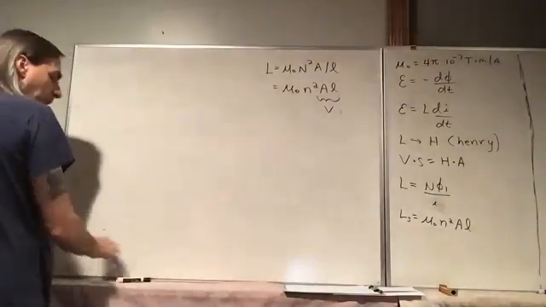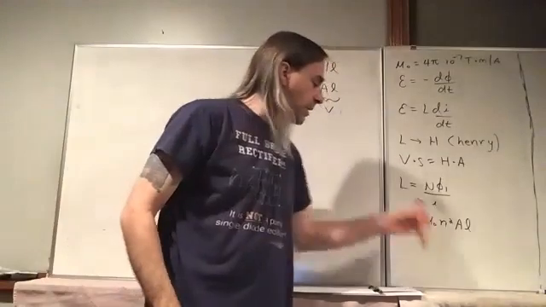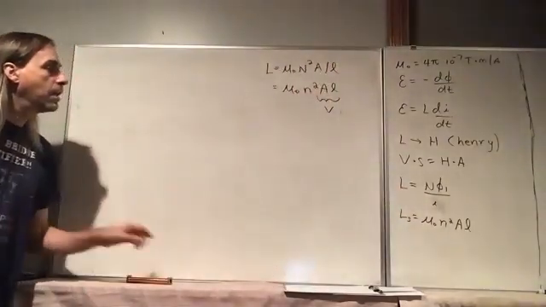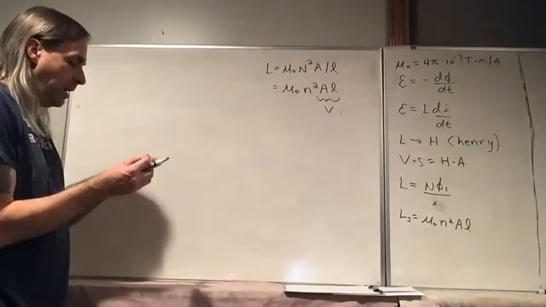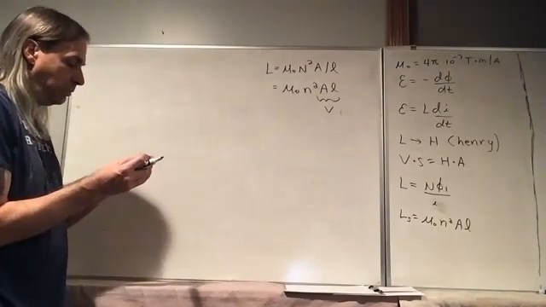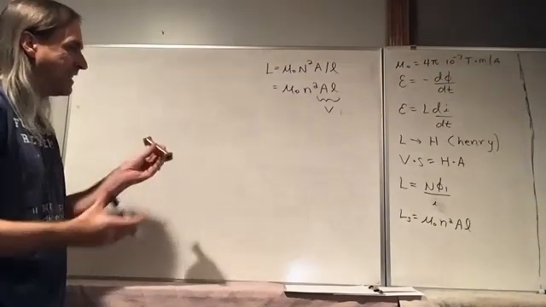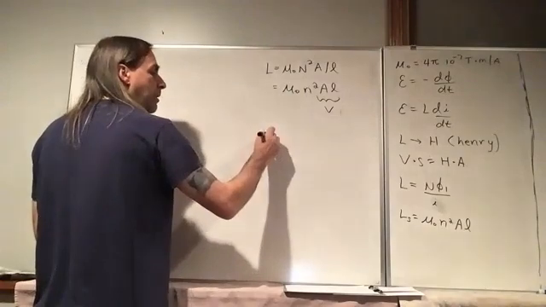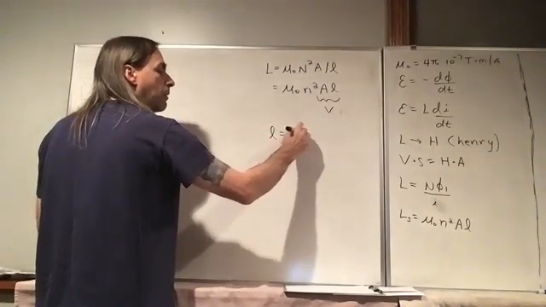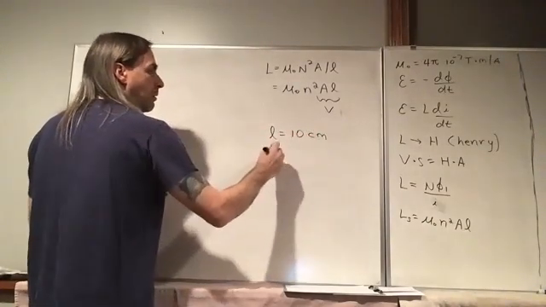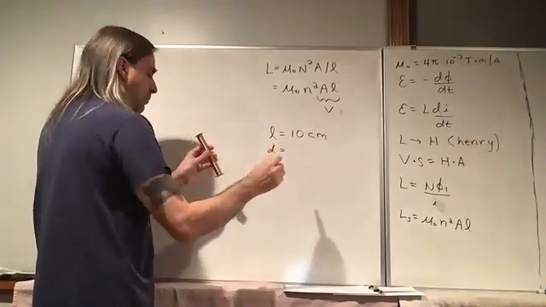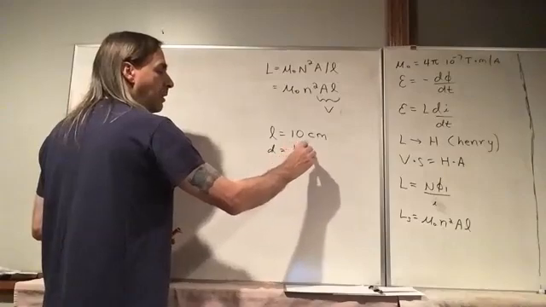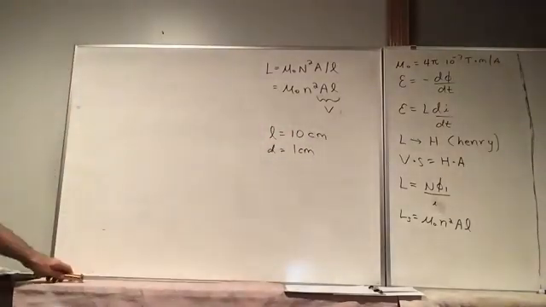Let's do a rough calculation and find the inductance of this solenoid. I don't even have a way to measure it exactly, so I'm just going to guess. I'm going to say that the length is 10 centimeters. Let's say the diameter is 1 centimeter, so we can get the area from that.